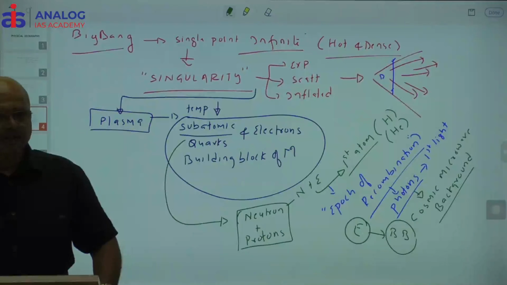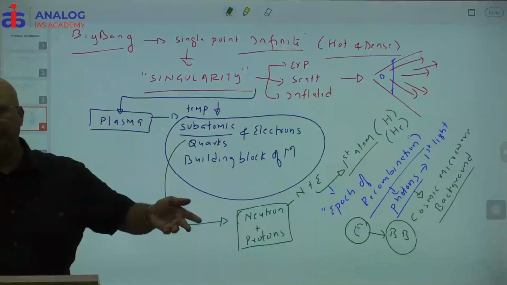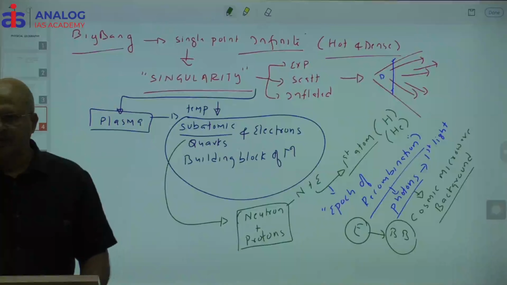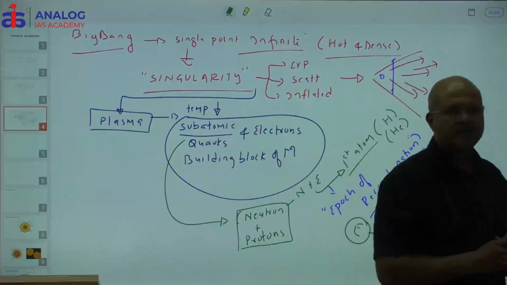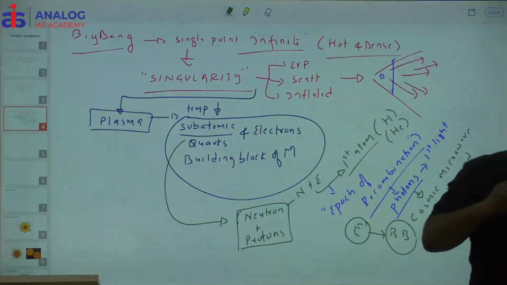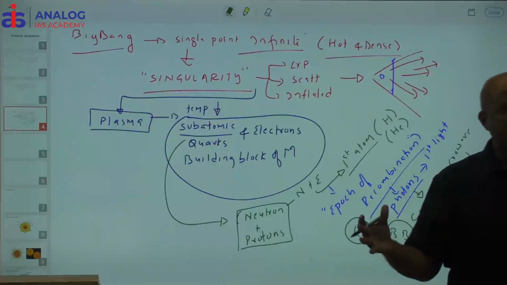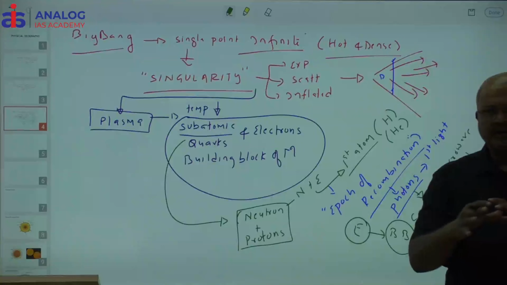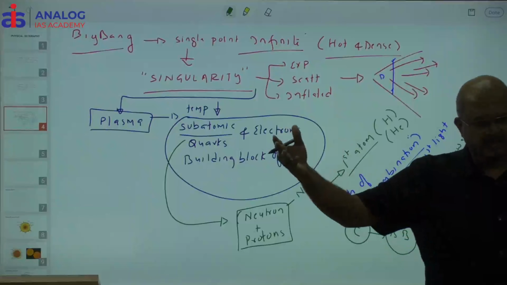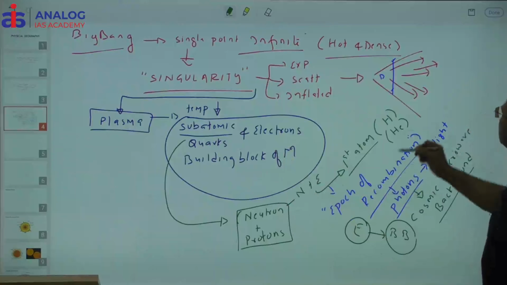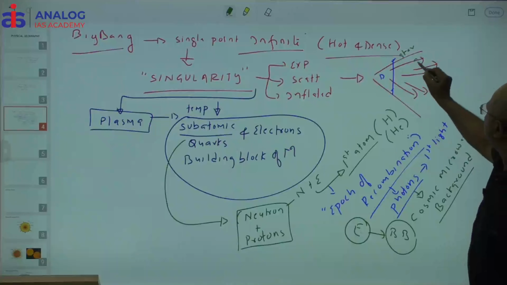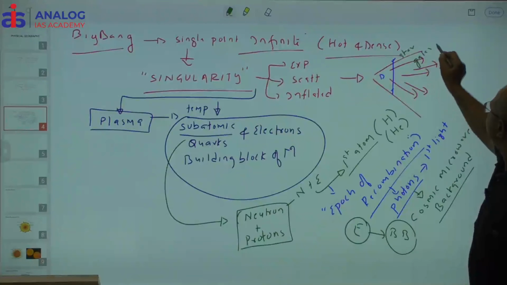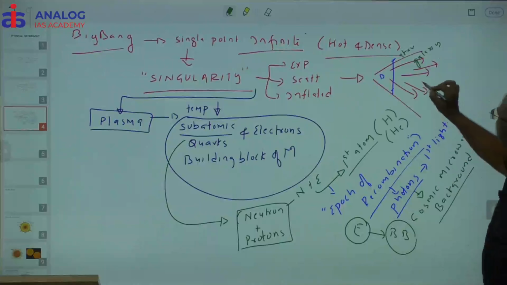Good enough. So after that, when the first atoms were formed, they created the stars. A group of stars becomes a galaxy. So the first stars formed, then the galaxies, then star systems.